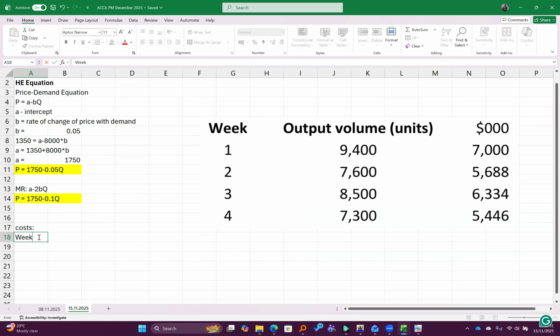But let's say you did week, output, and then cost. So week 1, 2, 3, 4, 9,400, 7,600, 8,500, 7,300.